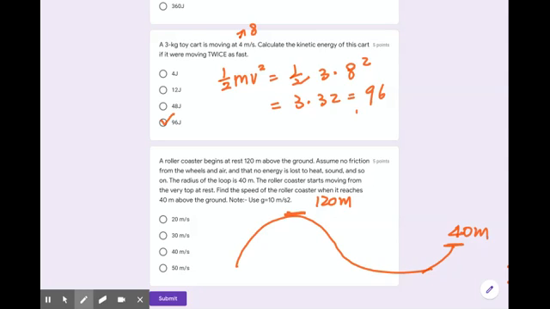Oh, I'm sorry. And then find the speed, okay? So here at the very top, there's only potential energy. And when you reach 40, we still have height, so we still have potential energy, but it's also moving. So part of the potential energy converts to kinetic energy.